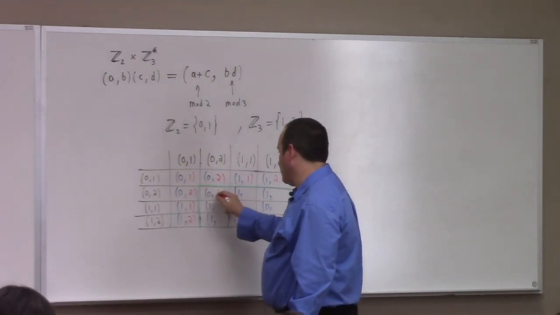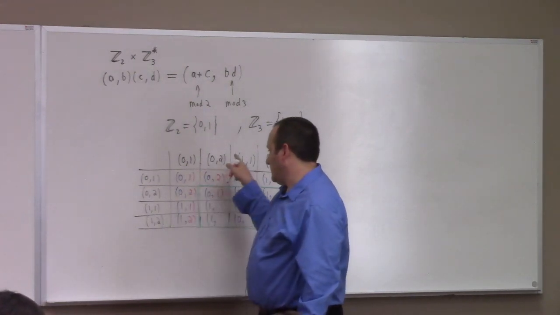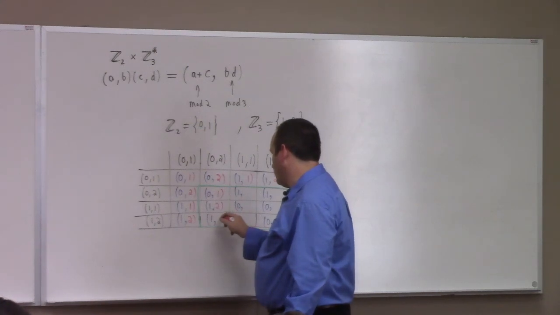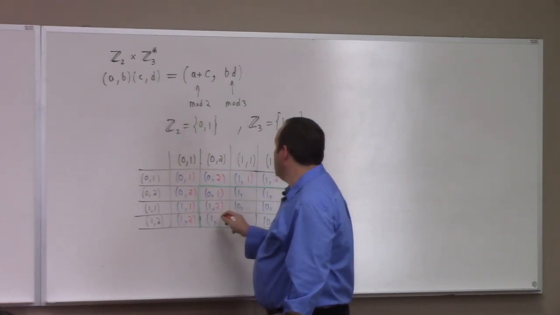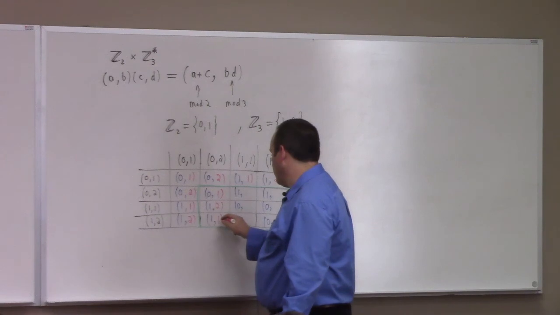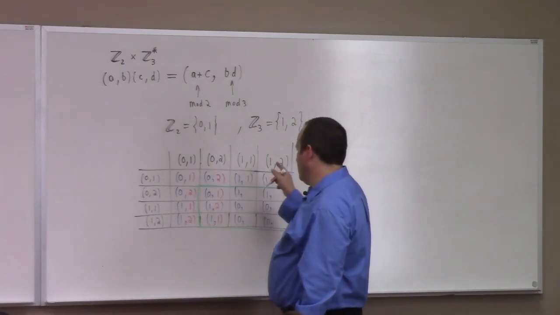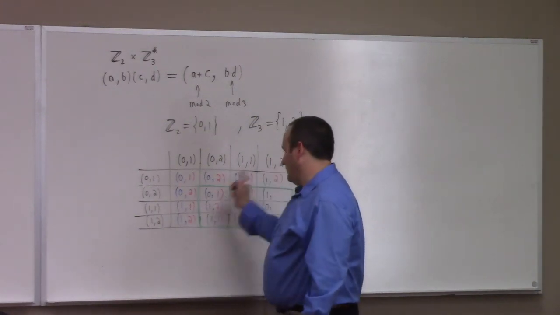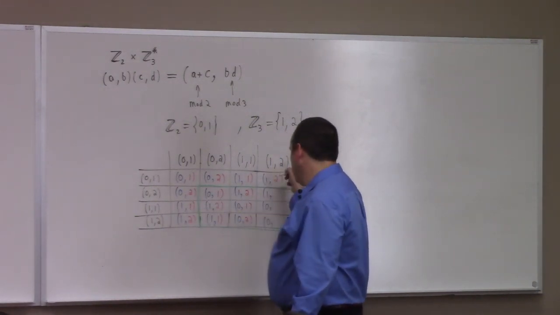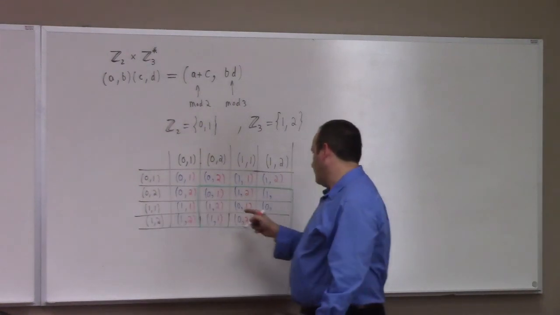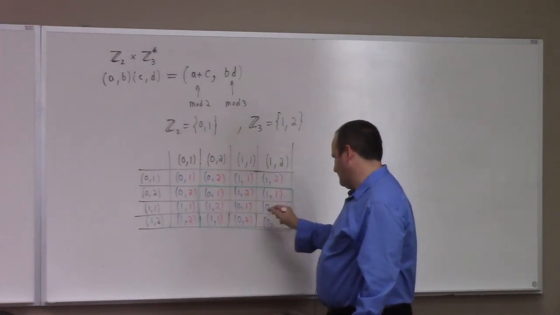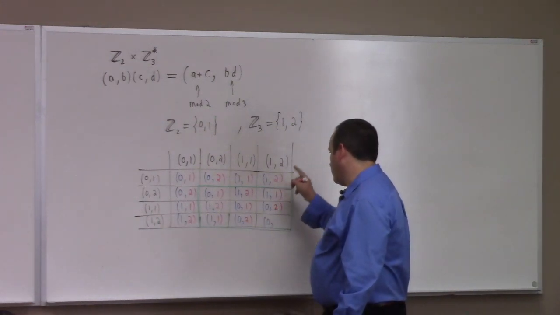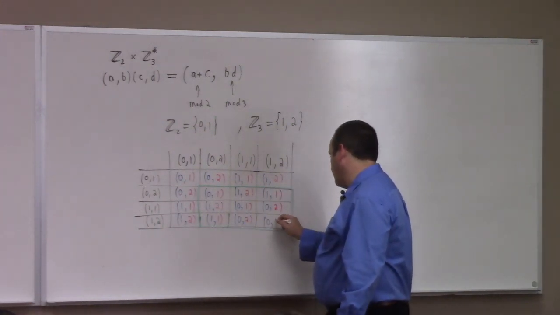Then 1 times 2 is 2. 2 times 2 is 4, which is 1. Can't do math. Answer here, 2. 1 times 1 is 1. 1 times 2 is 2. 2 times 2 is 4, which is 1. 2 times 1 is 2. 2 times 2 is 4, which is 1 mod 3.